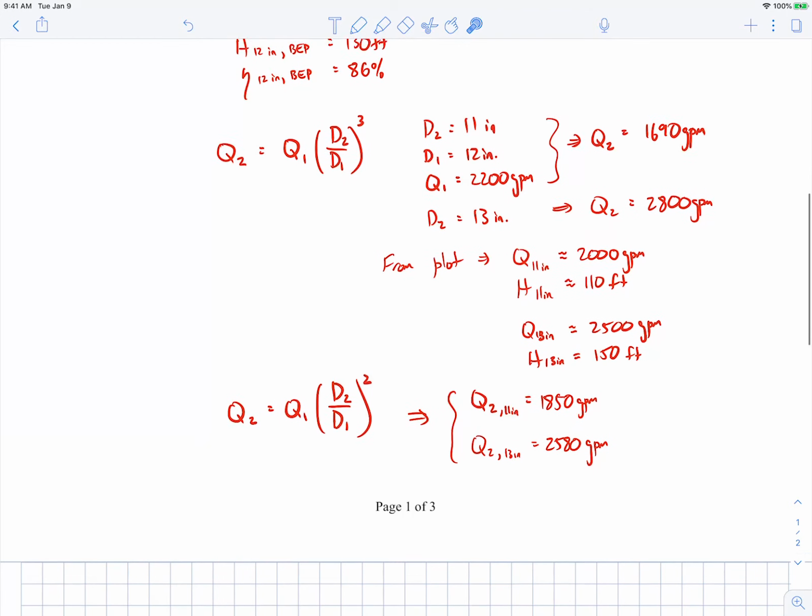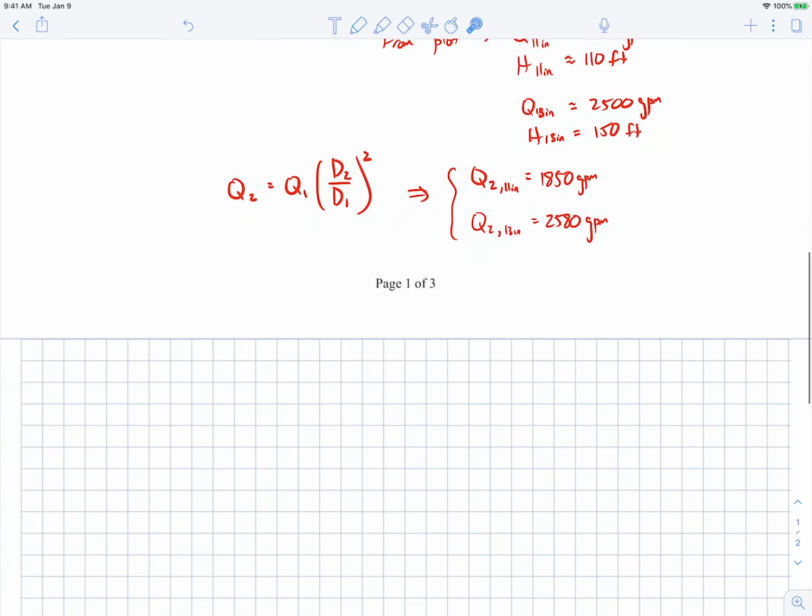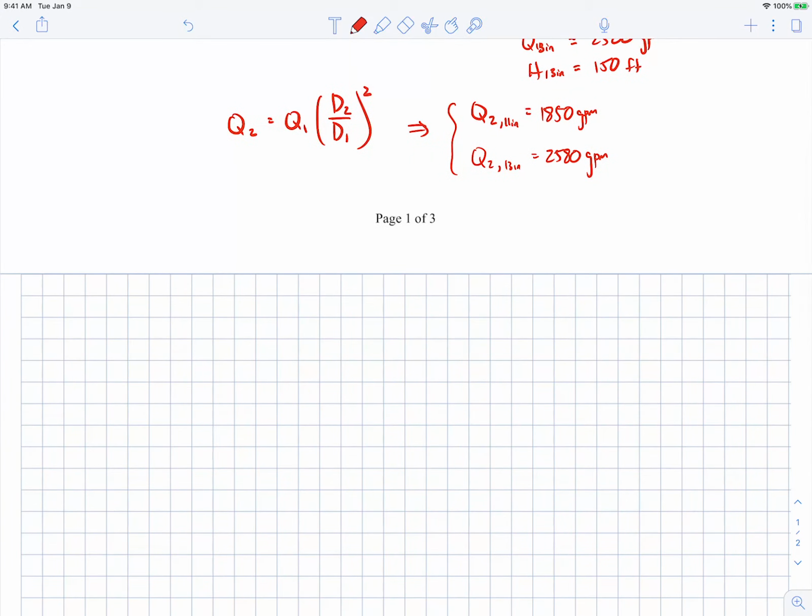All right, let's go ahead and see what happens if we scale the head rise. Okay, so for the head rise, from dimensional analysis, we'll get that H2 is equal to H1 times D2 over D1 squared.